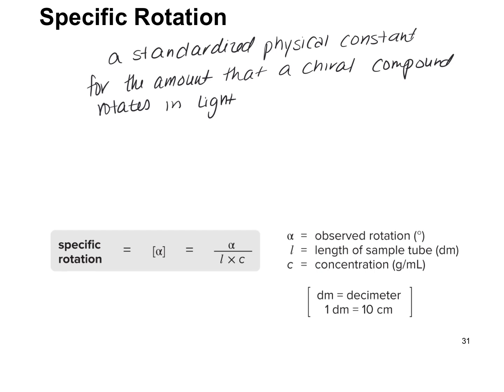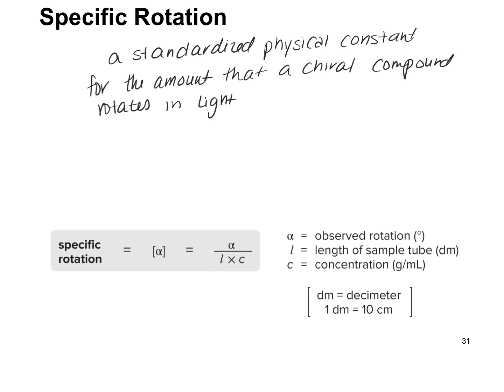Specific rotation is represented by the symbol here, which is a lowercase alpha in brackets, and that equals the observed rotation divided by the length of the sample tube and the concentration of the sample. This is generally measured at a temperature of 25 degrees Celsius and a wavelength of 589 nanometers.